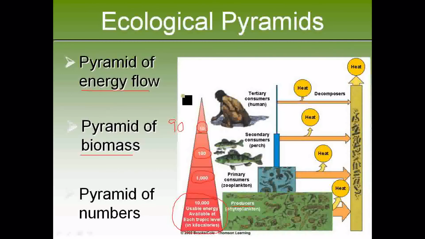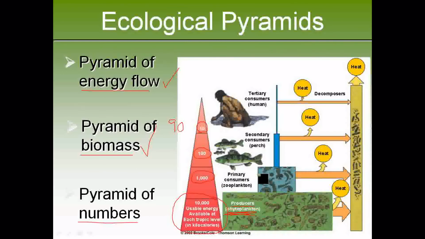So whether we're talking about energy flow or biomass, it also works for the actual number of creatures. If you count all the microscopic little phytoplankton, there's going to be 90% more of these creatures than there will be of zooplankton.